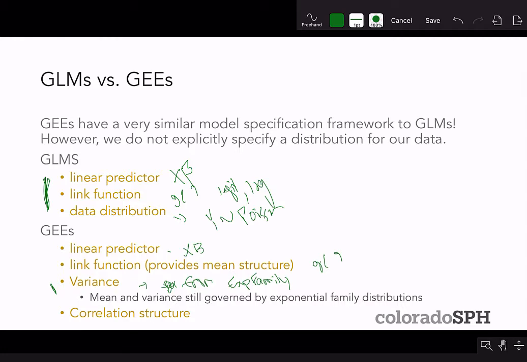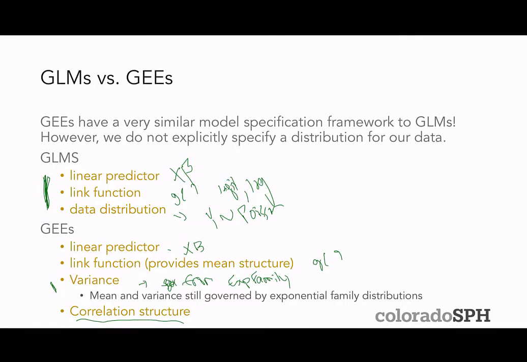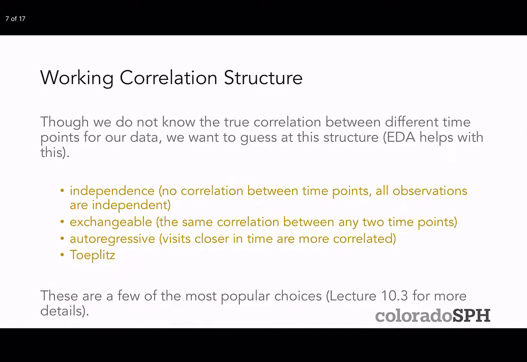And then the final piece that we have to specify that isn't present at all in normal GLMs is the correlation structure between Y's on the same subject. The correlation structure that we specify in GEEs is referred to as the working correlation structure.